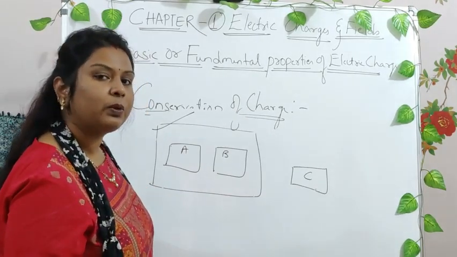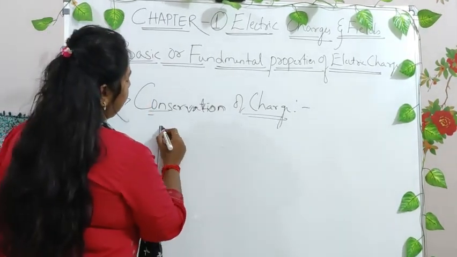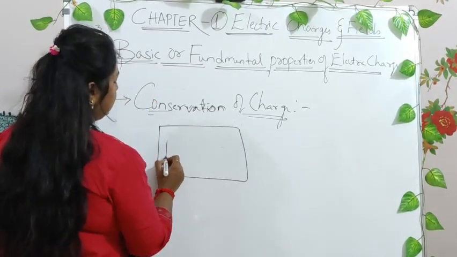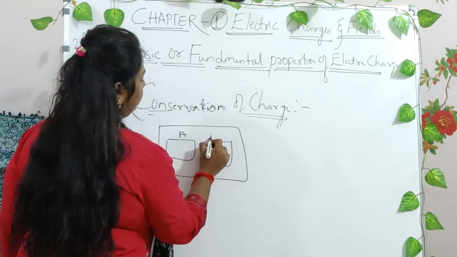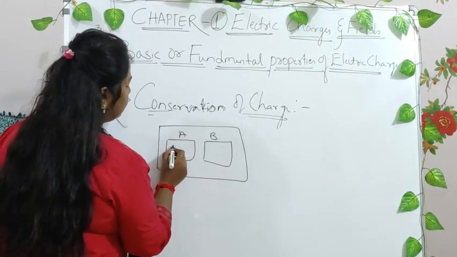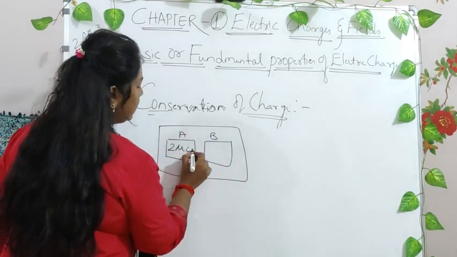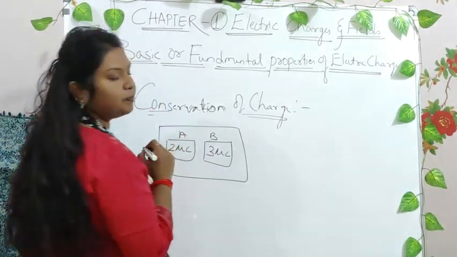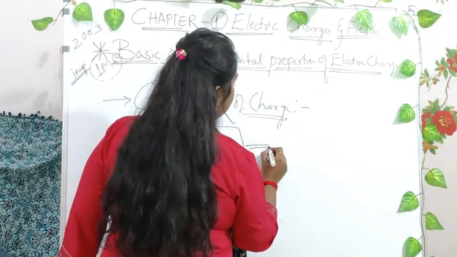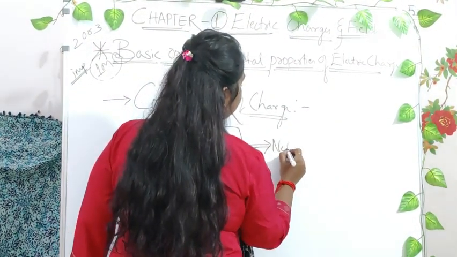Is this clear? Next, we have an isolated system, say for example A and B. Now A has 2 microcoulomb of charge, and B has 3 microcoulomb of charge. What is the total net charge on this particular system?